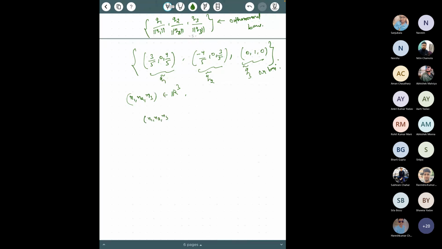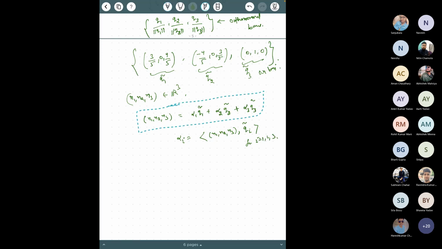Because of the observation we made, this (x1, x2, x3) can be written as alpha 1 q1 tilde plus alpha 2 q2 tilde plus alpha 3 q3 tilde, where alpha i is just the inner product of (x1, x2, x3) with qi tilde for i equal to 1, 2, 3. So you can easily write any vector as a linear combination of this basis.